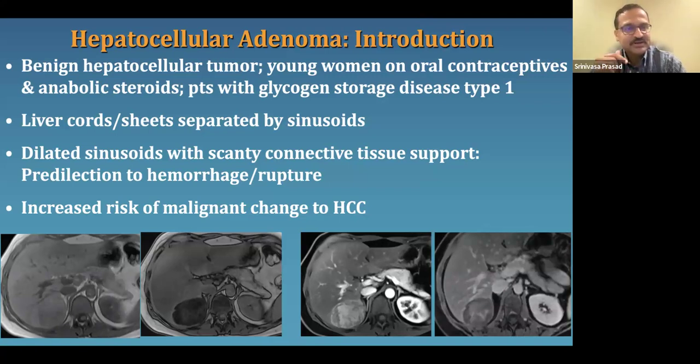Typically seen in young women on oral contraceptives, but patients who abuse anabolic steroids or patients with certain types of glycogen storage disorders are at increased risk for hepatocellular adenomas.